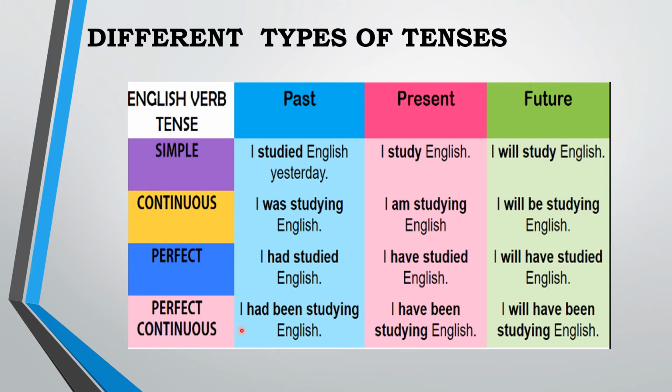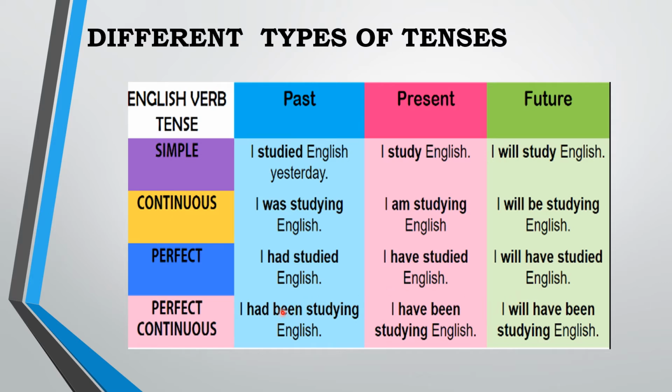And the last classification is perfect continuous, where the past perfect continuous is I had been studying English. The same for present perfect continuous is I have been studying English. And the future perfect continuous will be I will have been studying English.